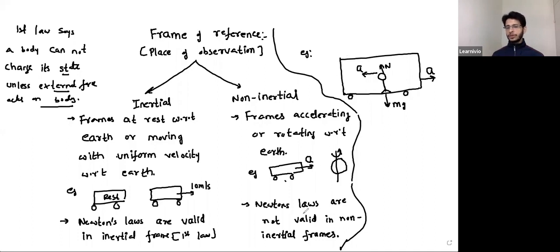I take a bus. This passenger is standing in the bus. This bus starts accelerating in the forward direction. As soon as the driver of the bus starts the engine and the bus starts accelerating in the forward direction, this man standing in the bus will experience a push in the backward direction.